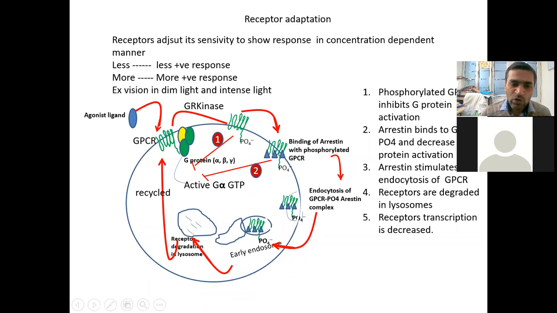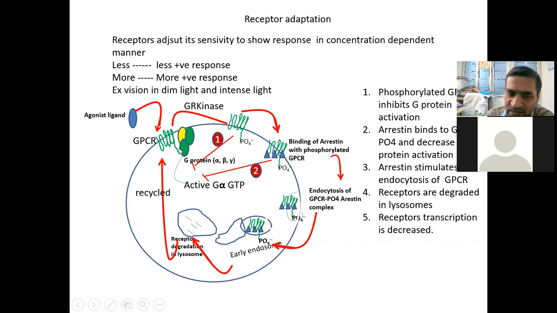Actually, when you look at the molecular mechanism responsible for adaptation, it happens from here. For example, there is an agonist or ligand. Ligand is able to interact with the receptors. Suppose here is an example of a receptor, that is GPCR, G protein coupled receptors. These are 7-pass transmembrane proteins. On this 7-pass transmembrane protein, one of the ligands has acted. Once the ligand is bound to the receptor, what happens? We know that GPCRs remain in touch with G proteins.